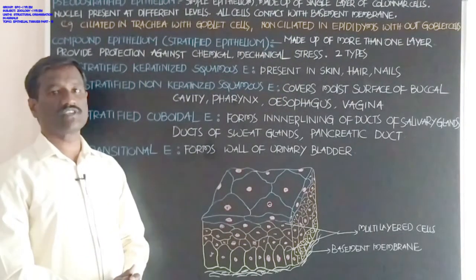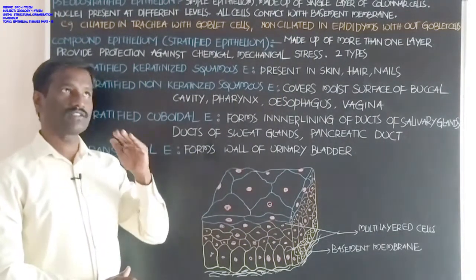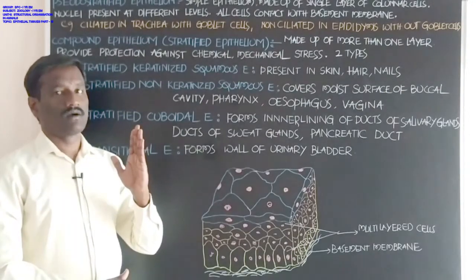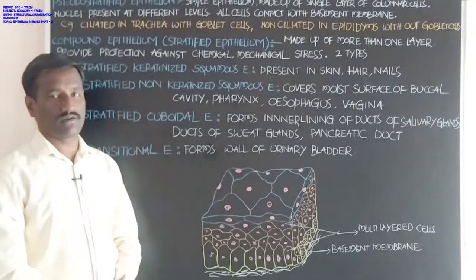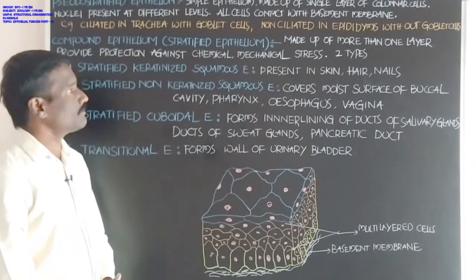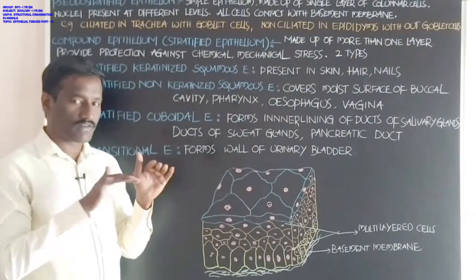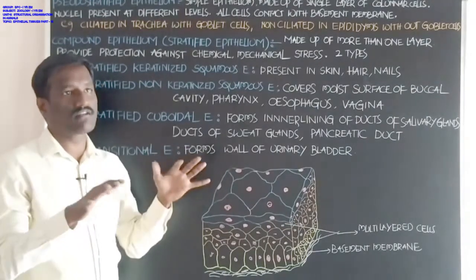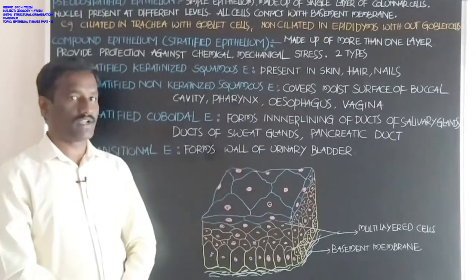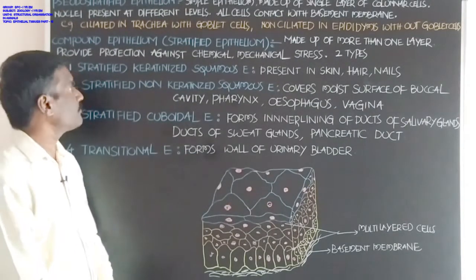Some of the cells are small in size and some are larger and columnar. All cells lie on the surface of the basement membrane.